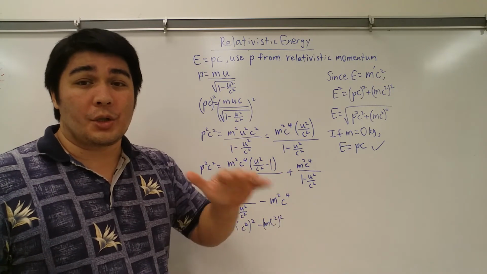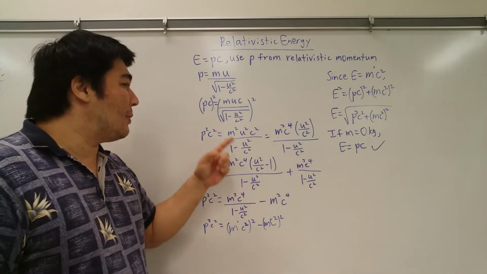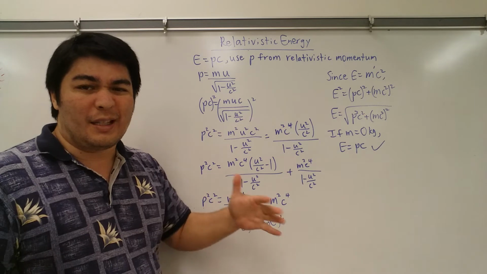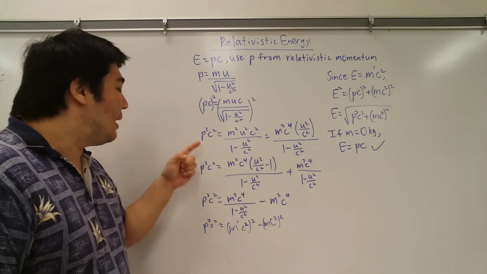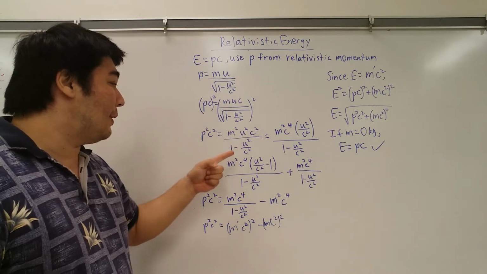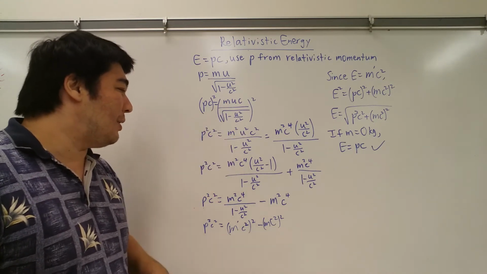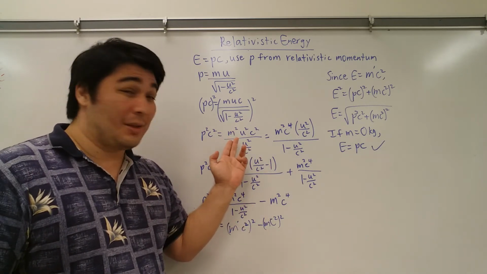So I'm going to square both sides of the equation, which is exactly what I did here. That allows me to get rid of that square root sign, because it's more complex if I have to deal with square roots in the mix. So I've got p squared c squared equals m squared u squared c squared over 1 minus u squared over c squared.